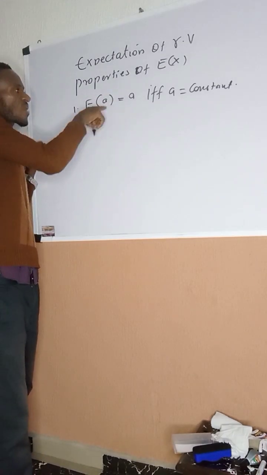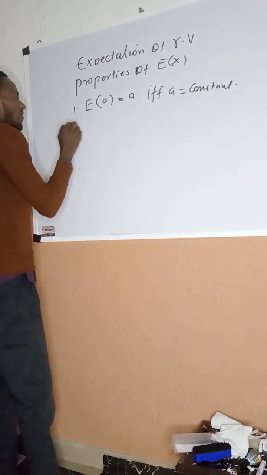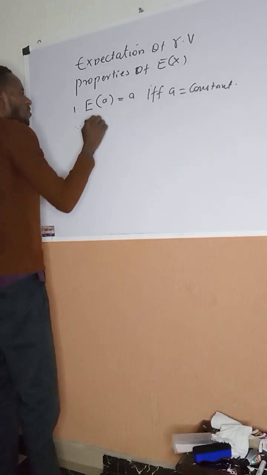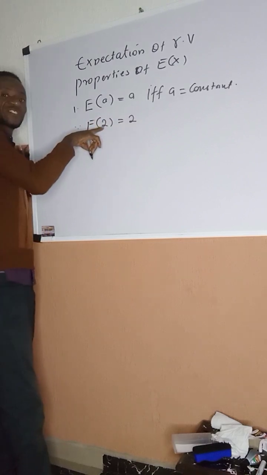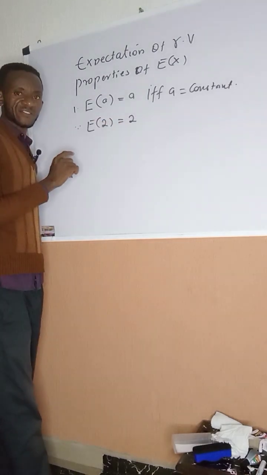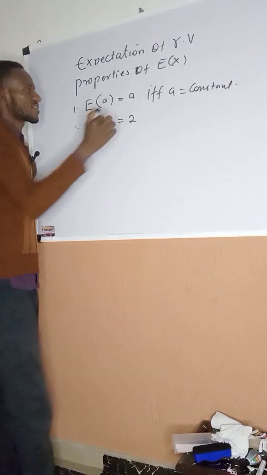It implies, therefore, E of 2 equals 2, in as much as this 2 is a constant.